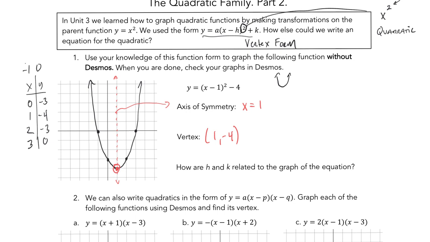And it looks like in our equation here, the h and the k are just the coordinates of the vertex. So one form of quadratic that we're going to work with is this vertex form. Okay, boom.